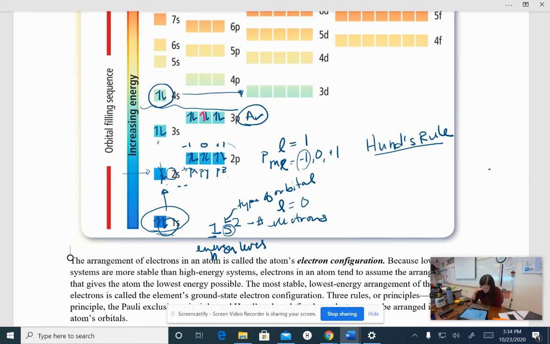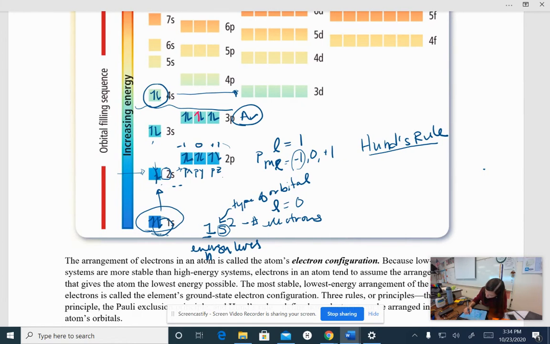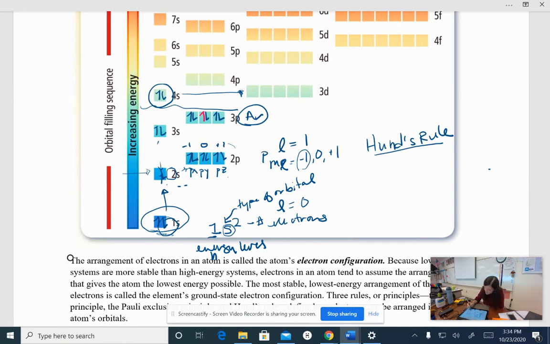Now, the reason for that is the shape of the orbitals. The d orbitals are higher energy than the s orbitals. So the 4s ends up filling first, then the 3d. So we are going to start filling in these d orbitals. A d orbital means that our L number is 2.